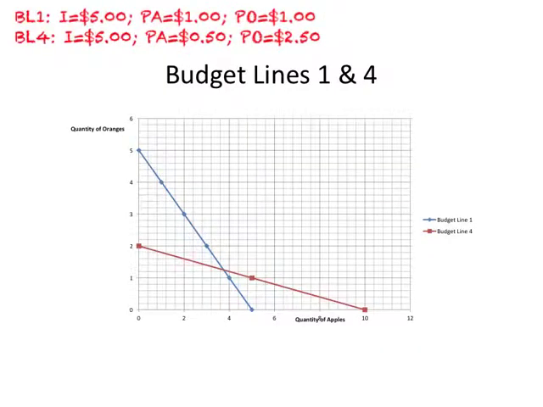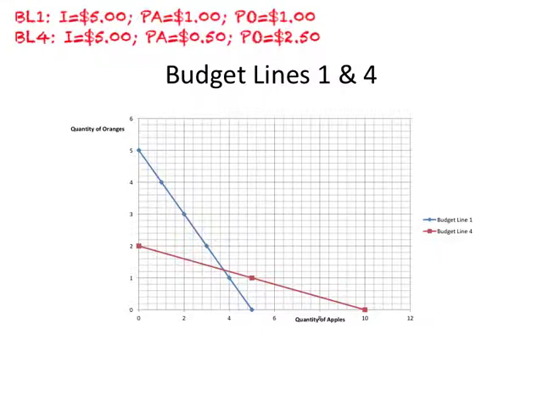Now once again in this diagram, we have 2 budget lines. The blue budget line is BL1, and we already know the financial information on which this is based. Then we have this red line, which is BL4, and this is based on the following financial information. Nominal income of this person is $5, price of an apple is 50 cents, and price of an orange is $2.50. Now look at the following.